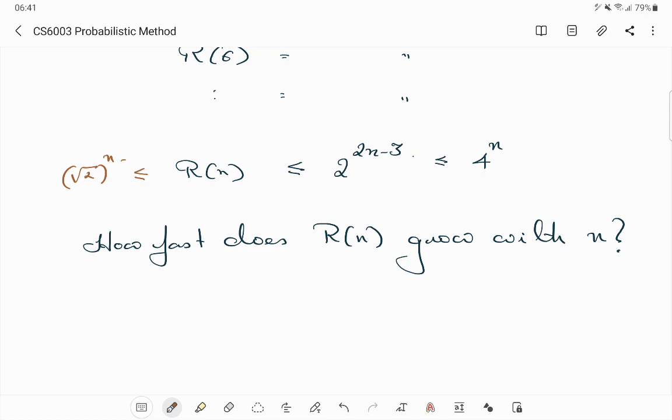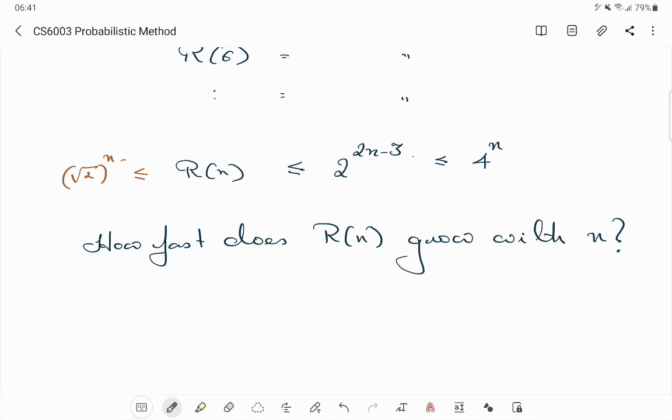Although the expressions look very similar because they are exponents, they are exponentially growing terms. The compound interest rate, okay, this is something like 41% interest, 1.414, whereas this is compounding with 300% interest. So these both grow exponentially, but very differently.